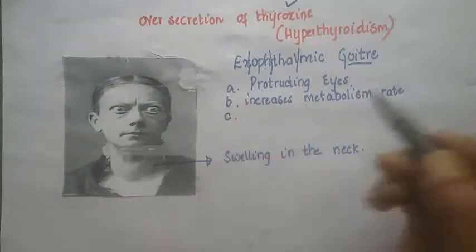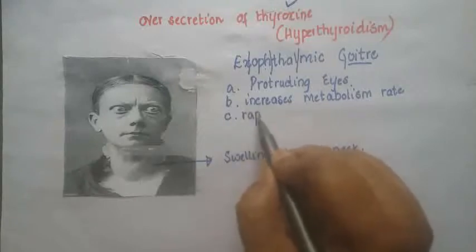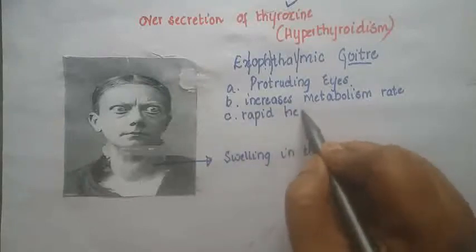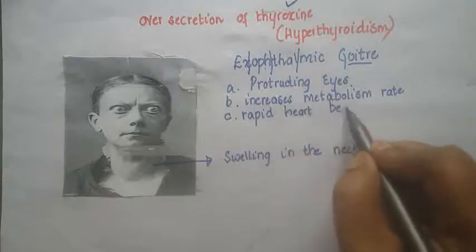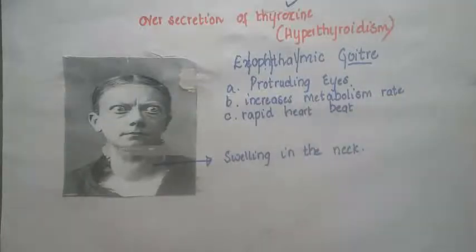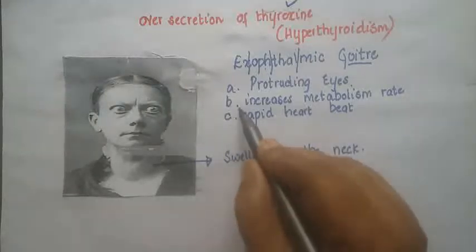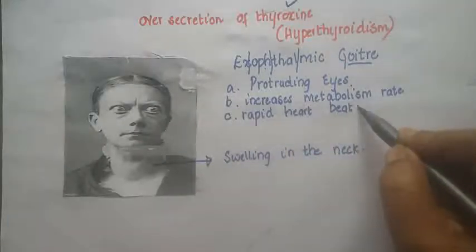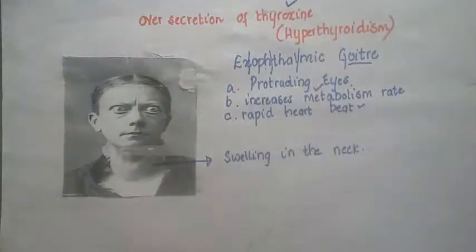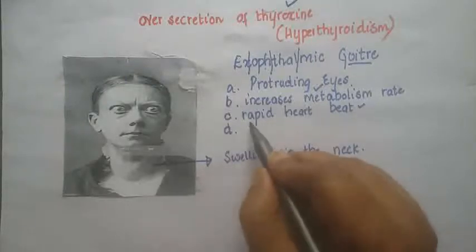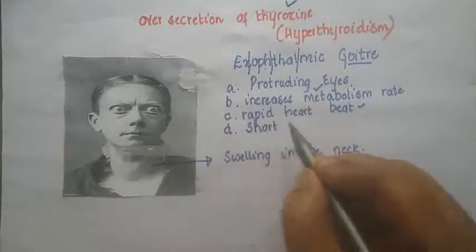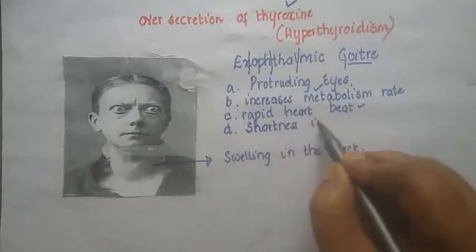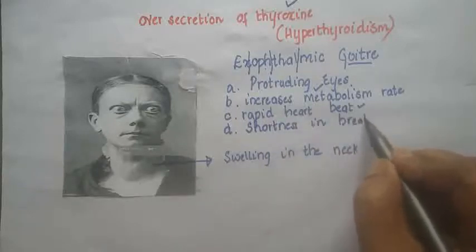Along with that, we know that it also leads to an increase in the heartbeat. So there is a high rate of heartbeat, right? It increases the heartbeat, and as there is an increase in the heartbeat, it also increases the metabolic rate. Along with that, you can find there is a shortness in the breathing cycle.